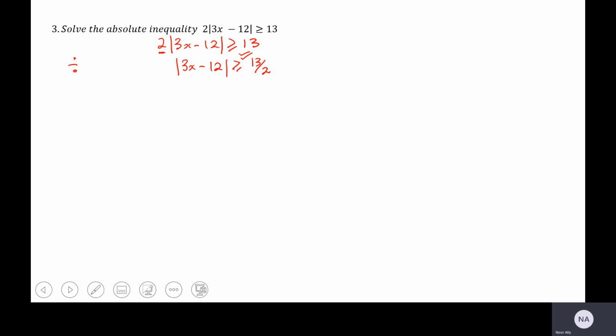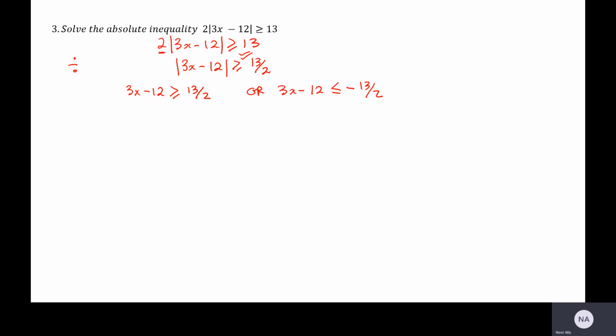So let's apply that. 3x minus 12 greater than or equal to the positive, or 3x minus 12 less than or equal to the negative of 13 over 2. And we can simply transpose and divide.